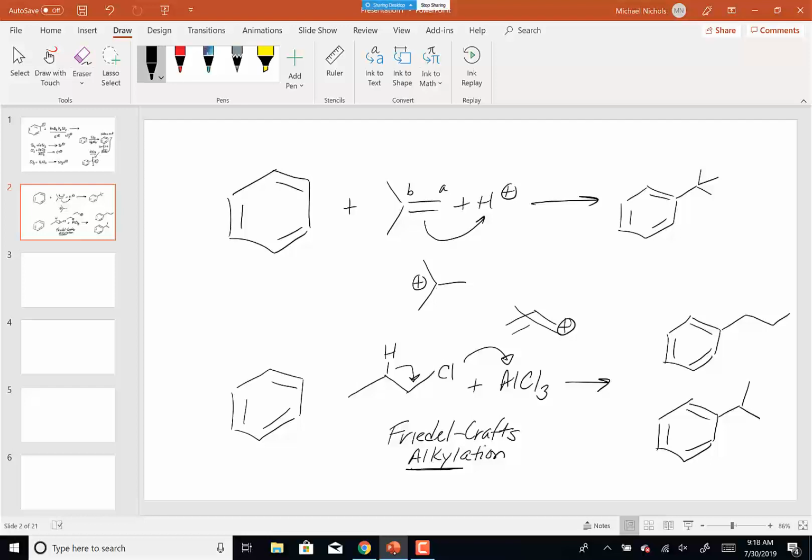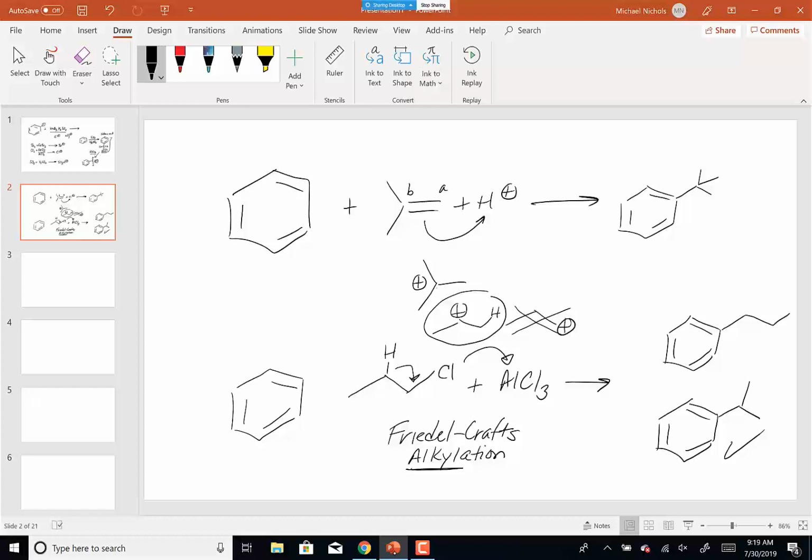So I'm not going to form the primary carbocation. Instead, I'm going to form the secondary carbocation. And in the secondary carbocation case, that's going to add to the benzene ring. So that isopropyl benzene is the major product.